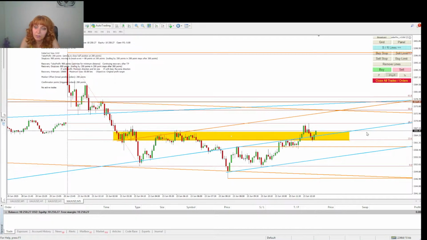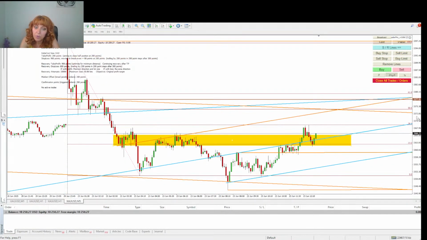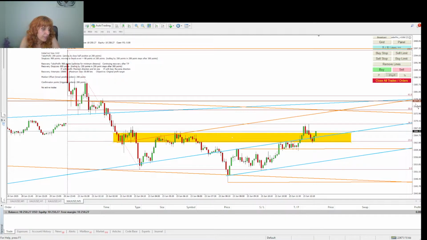That's the possible next consolidation area to look for, unless it goes further and then starts to consolidate a little bit higher, or gives some entry points again for quick scalps, quick trades.